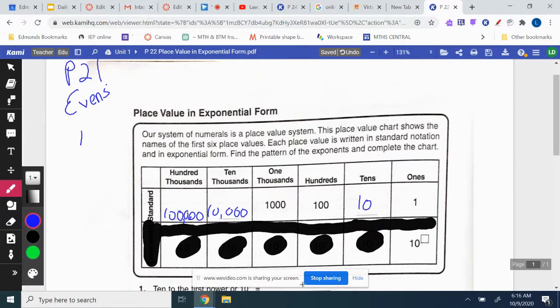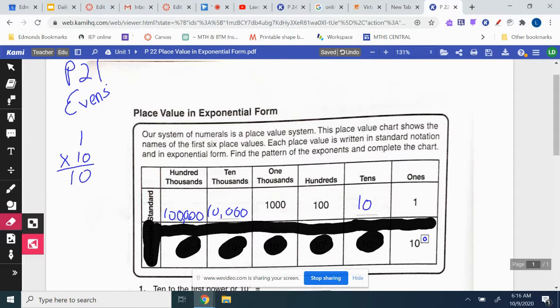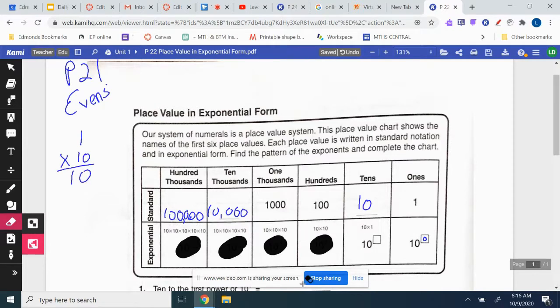So I'm going to write 0 in there. Now, if I multiply this by 10, I'm going to get 10. And that's what this looks like. I have 10. And so this is 10 to the first power.